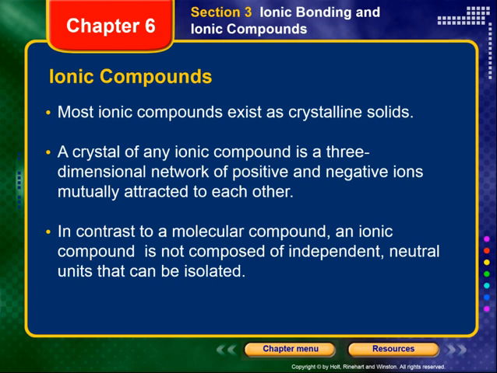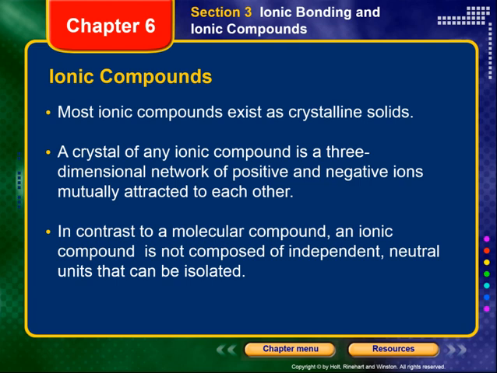Just two atoms involved. In contrast, an ionic compound is not one ion attracted to one other ion. It's going to be several ions attracted in this multi-directional, three-dimensional network, right? And that is in contrast to the molecular compounds. Molecular compounds are a completely different setup.